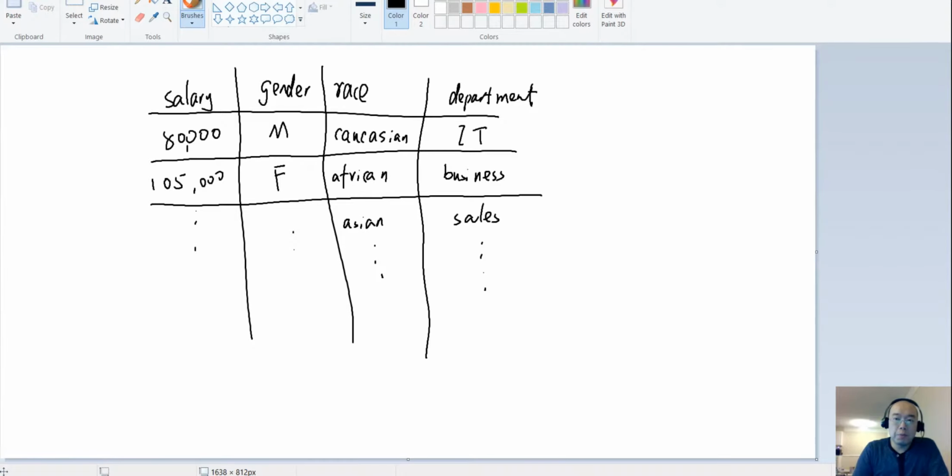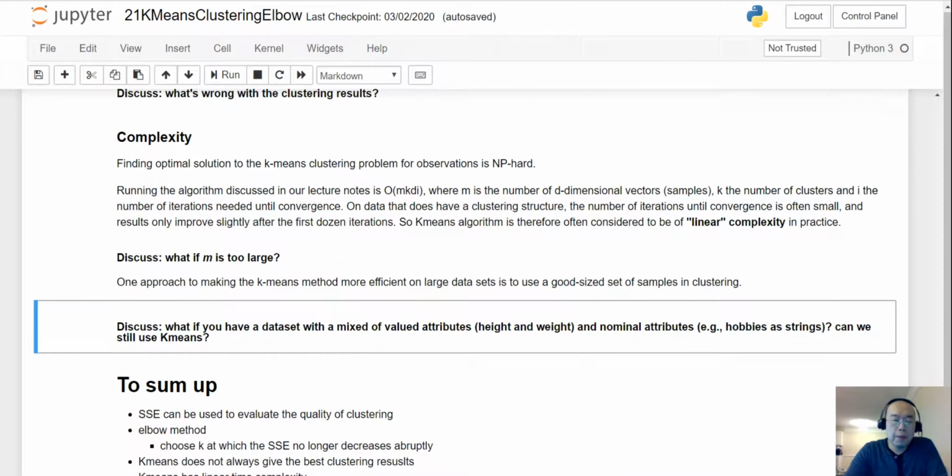For this question, probably I would say it's not that valid anymore because, if we have two workers in the same department earning the same salary, however of different races, how do we measure the distance?